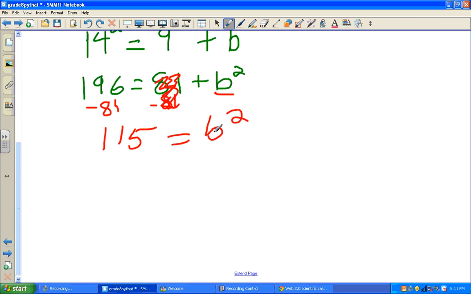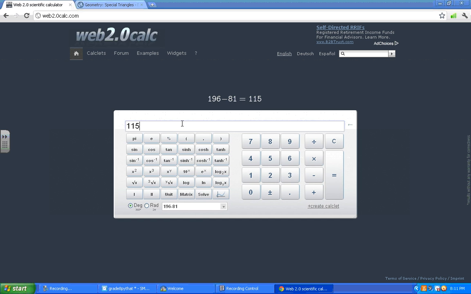Now remember how to get rid of a B squared or anything squared on this side? You take the square root of it. And if I did that on this side, I must do the same thing on the other side. Now I'm left with just B, and I need to find out what the root of 115 is.